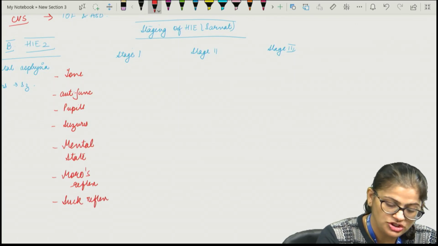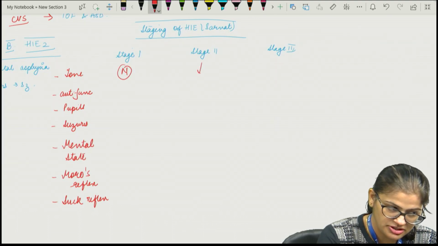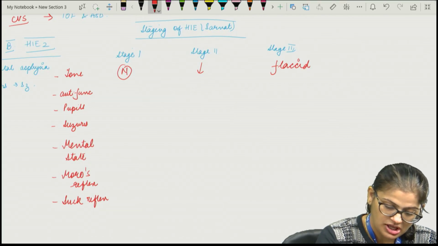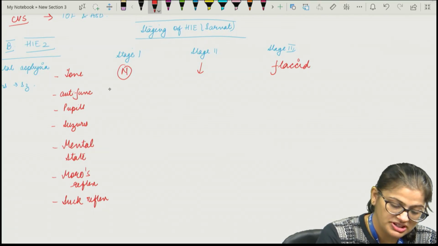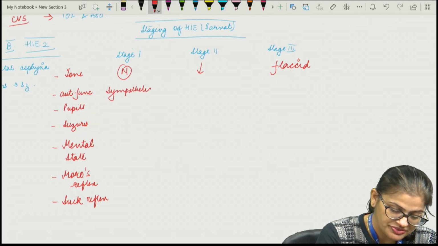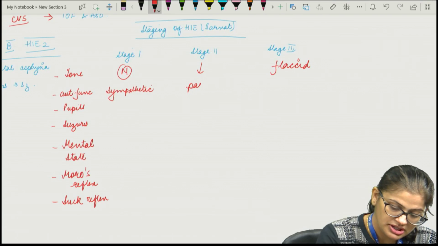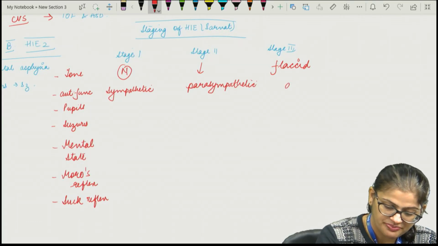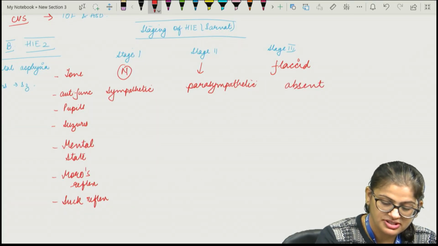So in stage 1, usually the tone is normal, while in stage 2, it can be reduced, and in stage 3, the child would lie flaccid. The autonomic function is predominantly sympathetic in case of stage 1. It is parasympathetic in case of stage 2, while the autonomic function is absent in stage 3.